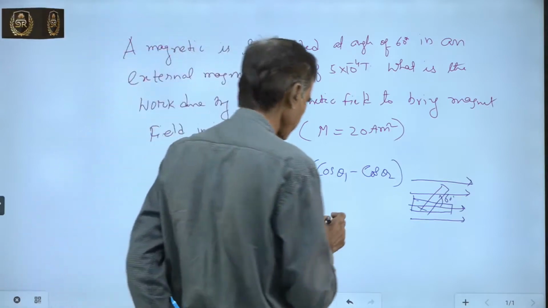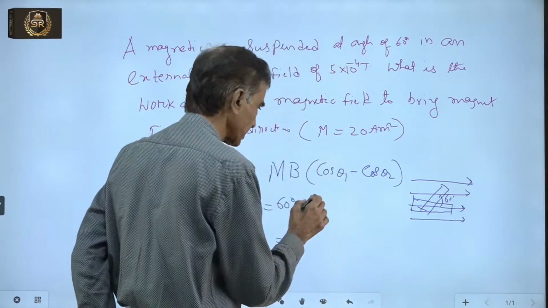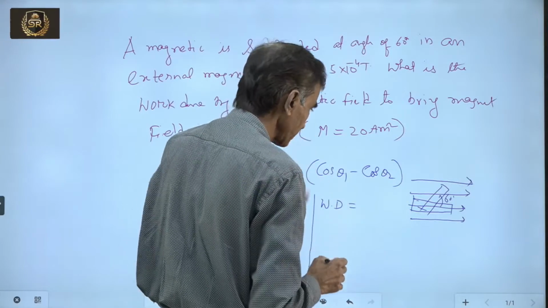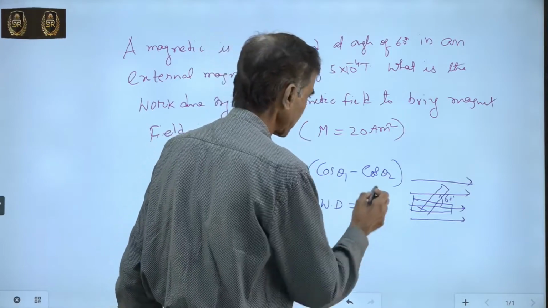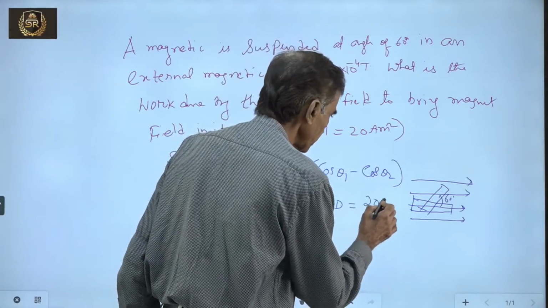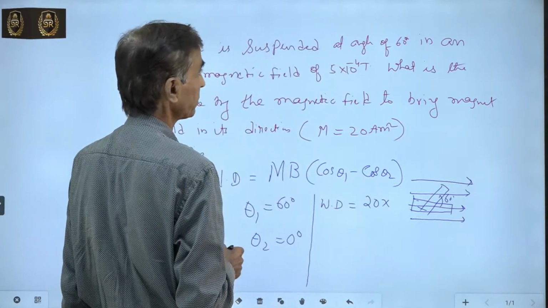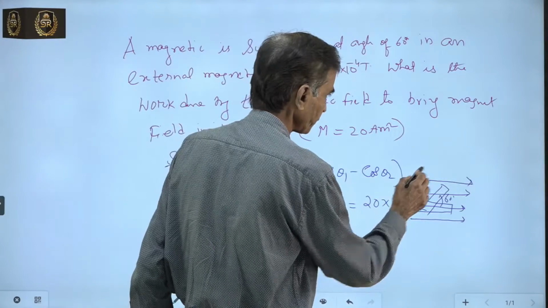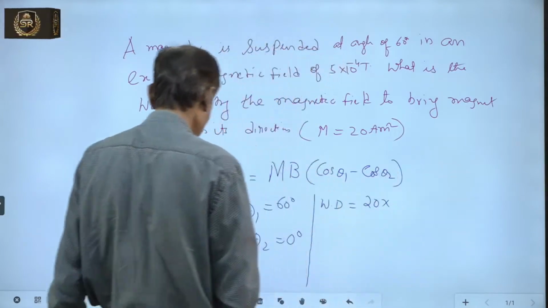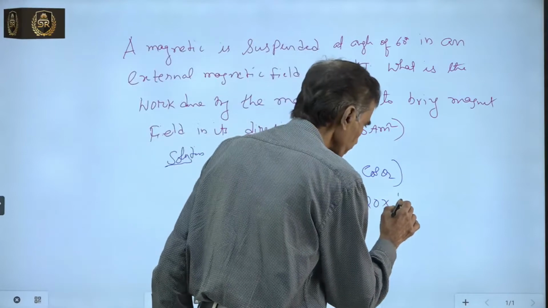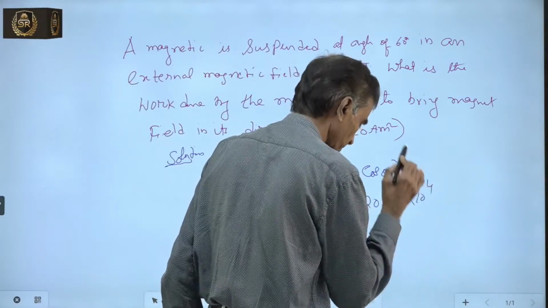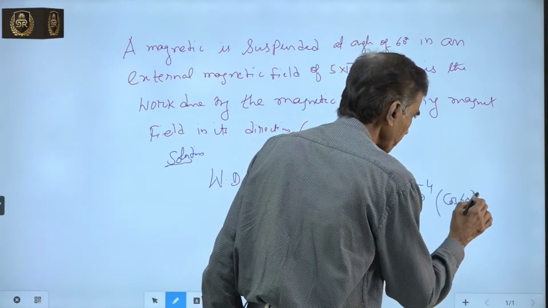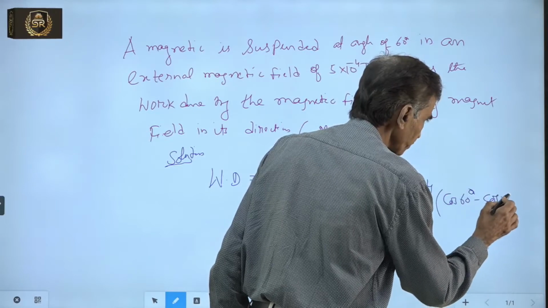Therefore, what is the work done? Just substitute the values. Work done equal to M, which is given as magnetic moment 20, into B, which is 5 into 10 power minus 4, into (cos 60 minus cos 0).